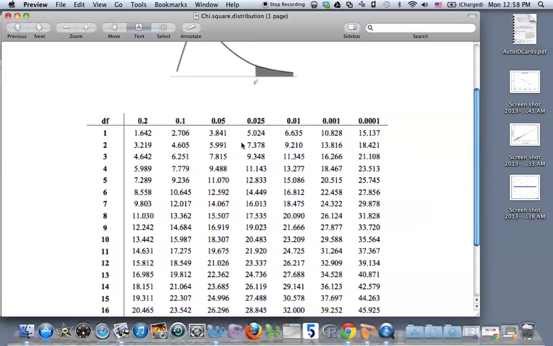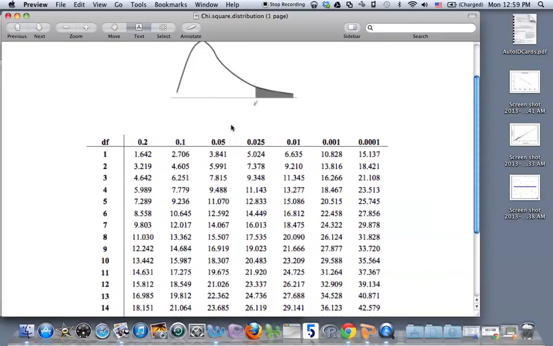And we see that 0.05 right here is the p-value at which we need in order to reject or not reject the null hypothesis. So what this is saying is that in order for us to be able to reject the null hypothesis, the chi-square test statistic needs to be at least 5.991, okay?